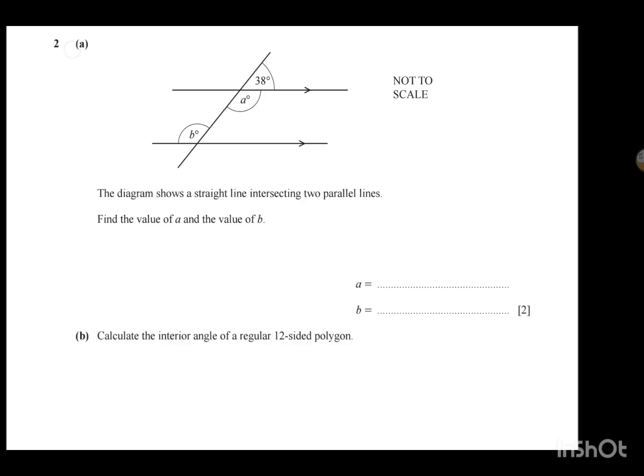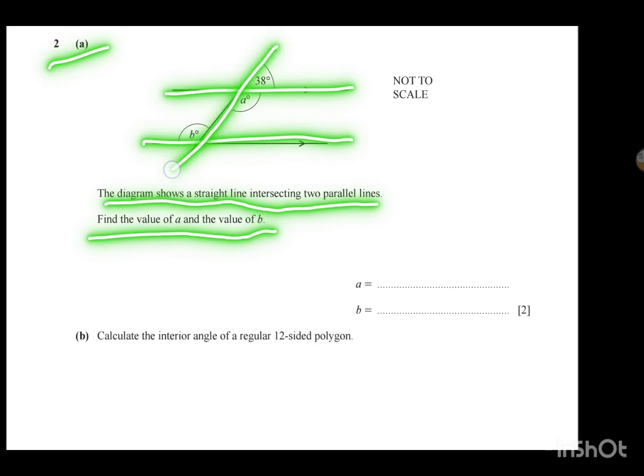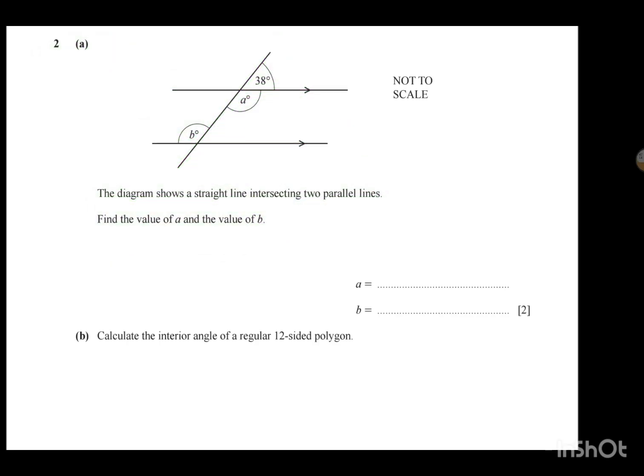Question number 2. A. The diagram shows a straight line intersecting two parallel lines. Find the value of A and the value of B. So these are the two parallel lines and this line is intersecting them. That means it's a transversal. So we'll have to find out A and B. When you see this A here, A is the linear pair of the angle 38 degrees here.